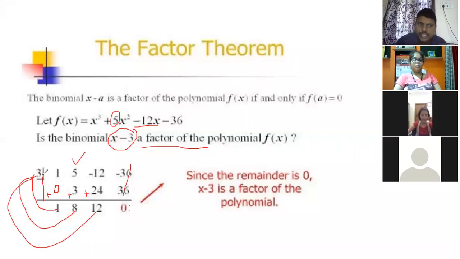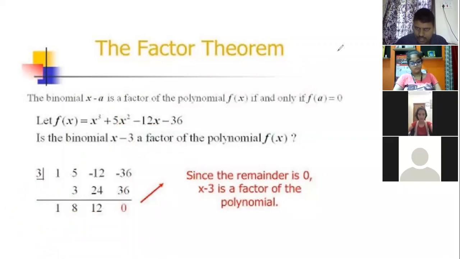When you substitute 3, you get answer 0. That's why you say x minus 3 is a factor. If you did not get 0, you would say it's not a factor. I hope you are understanding.